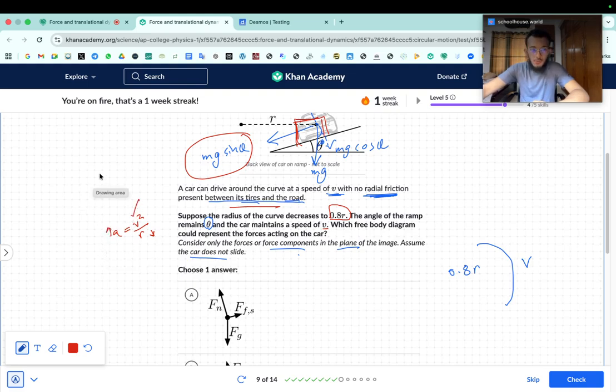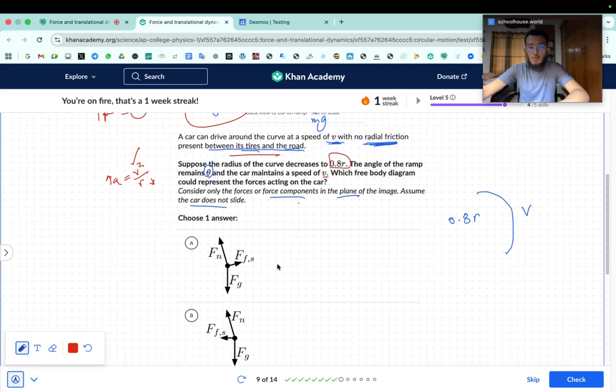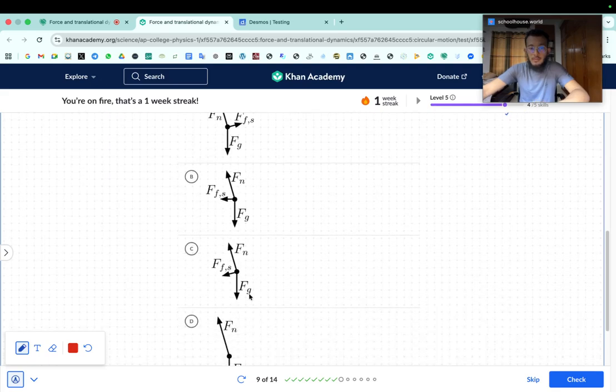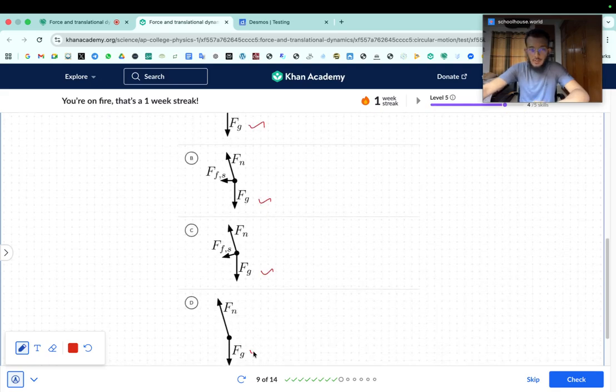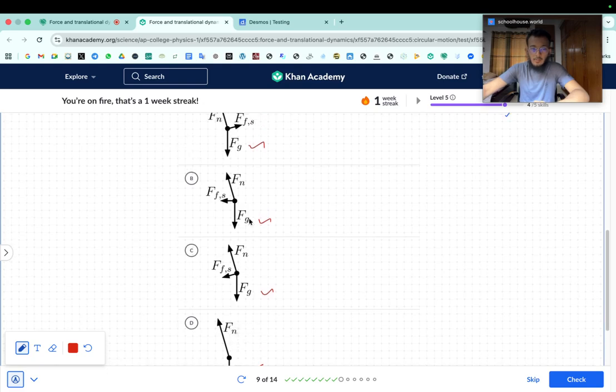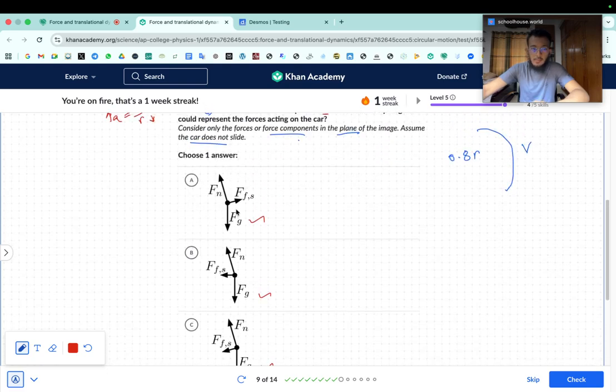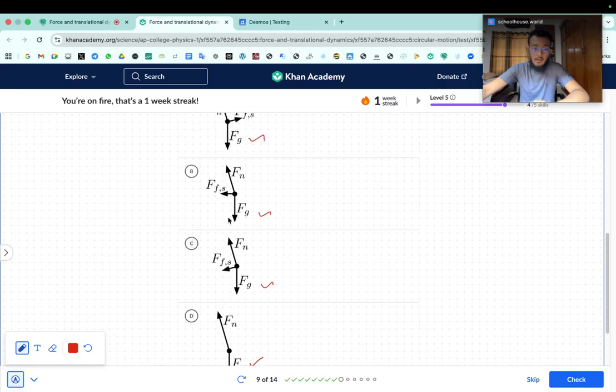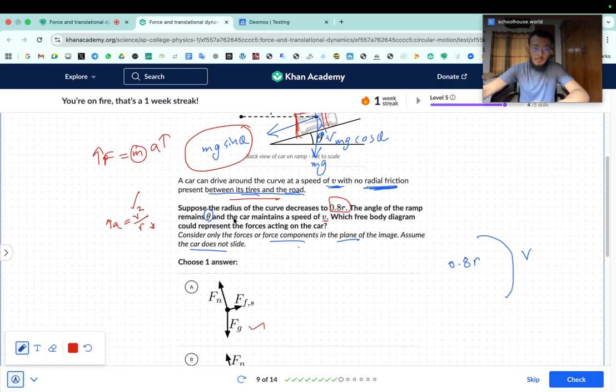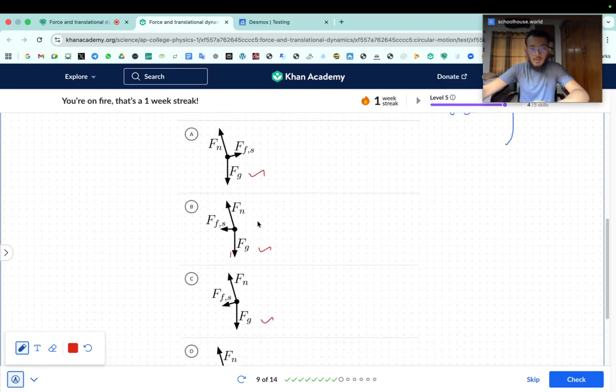F equals ma, so if we have constant mass and increase the acceleration, the net force also increases. Fg always points downwards, consistent throughout. Fn always points perpendicular to the plane, but we have a change in direction now.